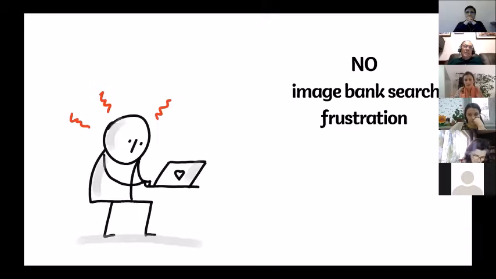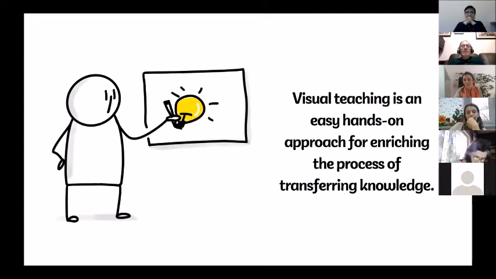We can improvise, we can have a planned usage to illustrate a specific process, and we actually only need a marker, something to write, and then we can spontaneously express it whenever we need it. So it's just in our hands, in our minds, in our heart. This is why for me visual teaching is a really easy hands-on approach, which can be very enriching for the process of teaching.